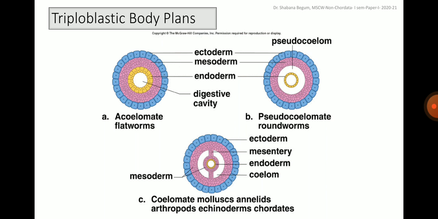Here again you can find in the section the outer ectoderm, middle layer of mesoderm and inner endoderm. Here you can see the schizocoelic development of the coelom. You can find there is a split in the mesoderm layer to form the coelom or body cavity, which appears whitish in color.